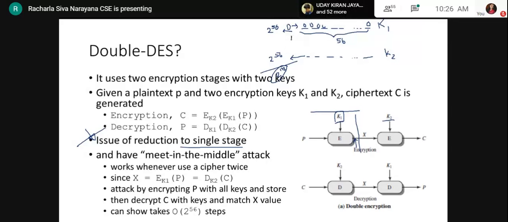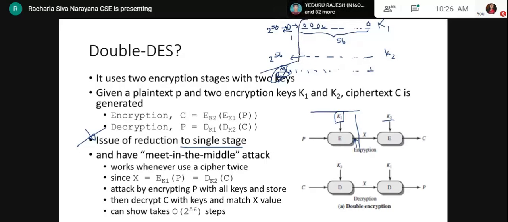To represent 1 we need 55 zeros and 1. To represent 2 we need 54 zeros and 10. Like that, finally we get all ones, which represents the value 2 power 56.